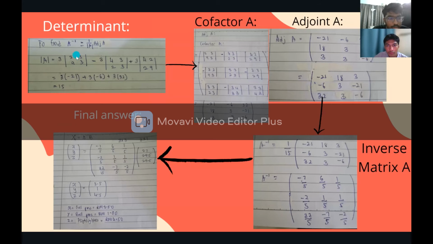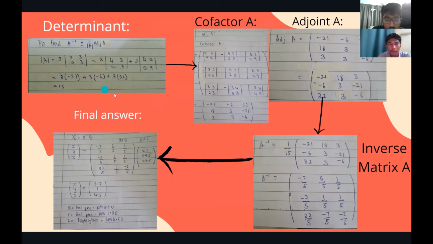So it becomes 2 times 3 times 3 times 9, and then minus the next term in the first row, 3, and 4 times 3 and 3 times minus 3 times 2, and then 1, and you get the answer of determinant as 15.